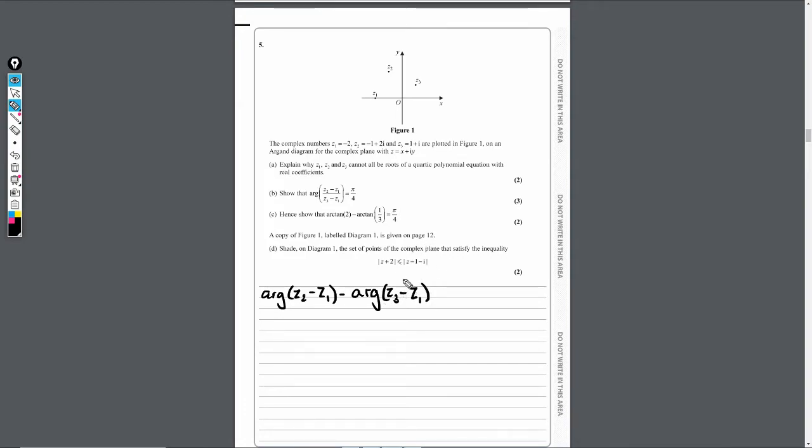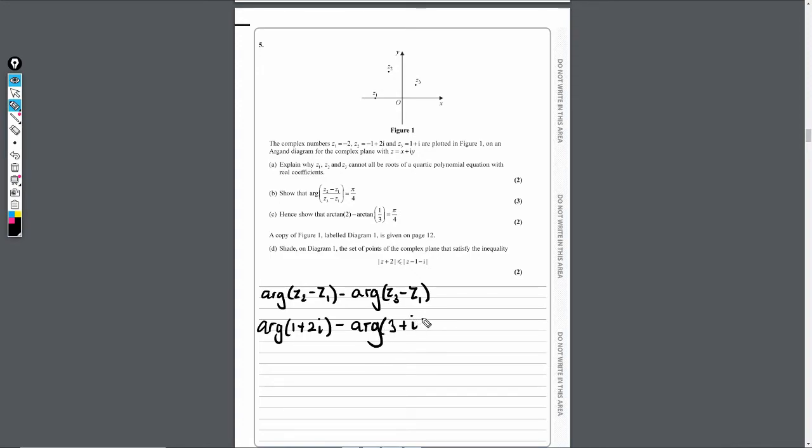Remember, we said z2 minus z1 is 1 plus 2i. So this is the same as the argument of 1 plus 2i minus the argument of z3 minus z1. We said that was 3 plus i.